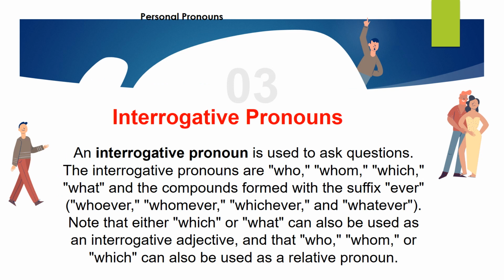Number 3 is the interrogative pronoun. Interrogative pronouns are pronouns used to ask questions. The interrogative pronouns are who, whom, which, what, and the compound forms with the suffix -ever: whoever, whomever, whichever, and whatever.